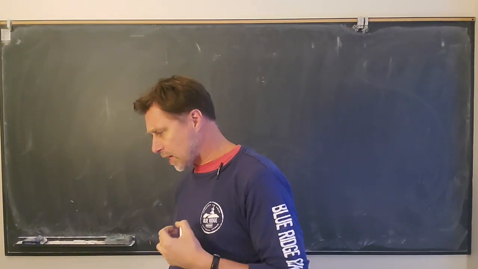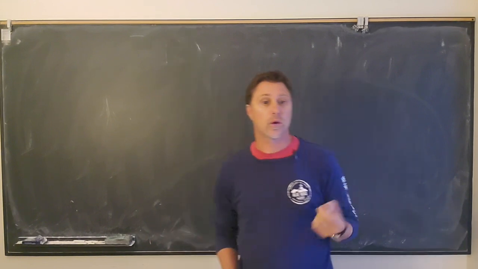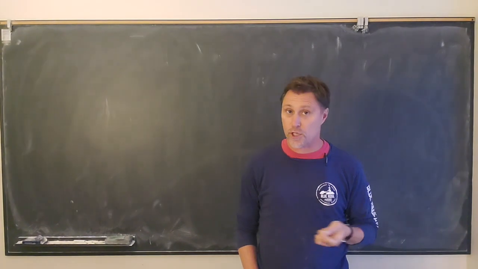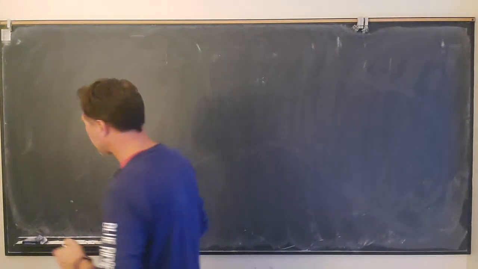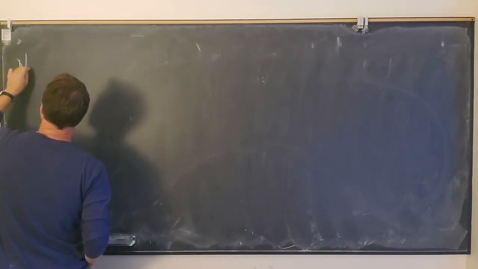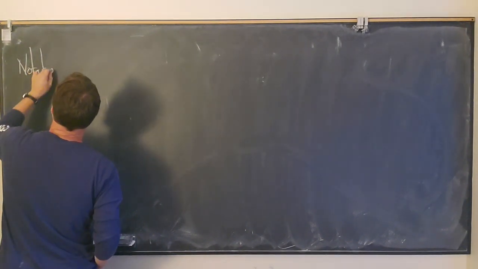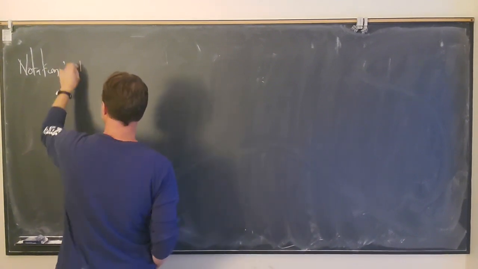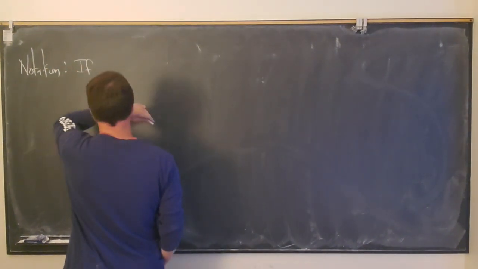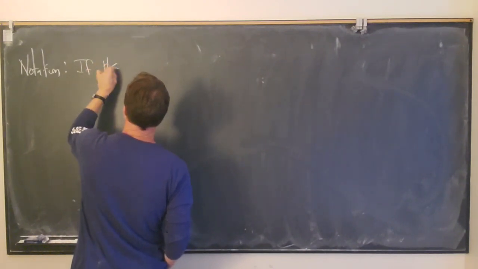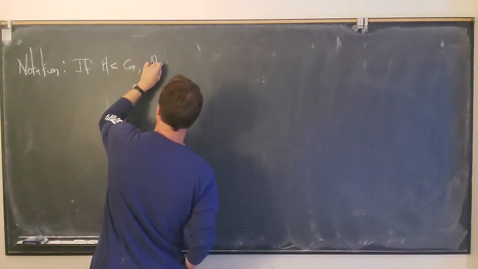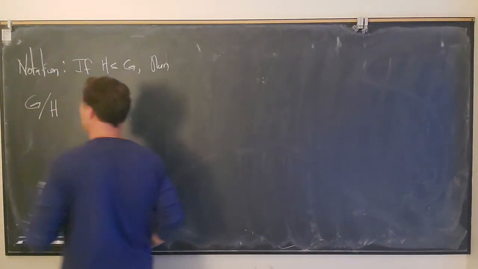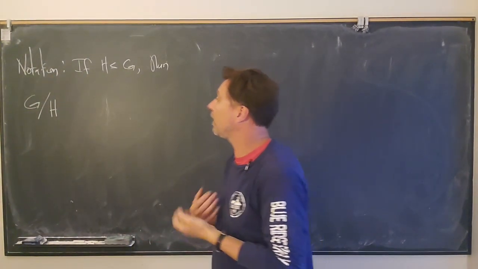So we last time showed that the set of left cosets, and then there's also right cosets, but the set of left cosets forms a partition of a group G. And so there's some notation that goes along here. So let's say H is a subgroup of G, then we write it like this: G slash H. This right here stands for the set of left cosets.